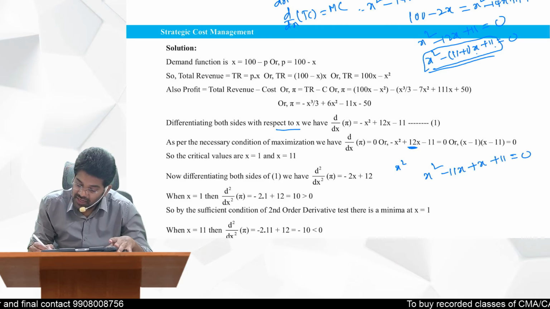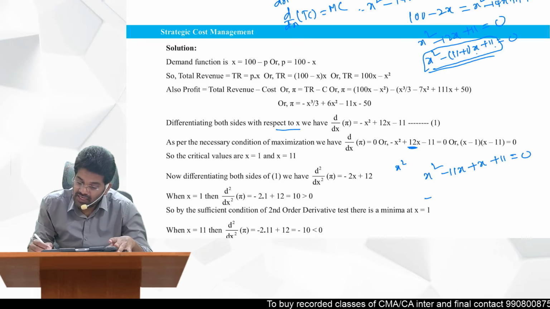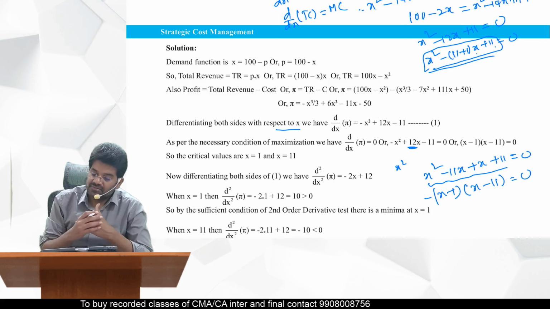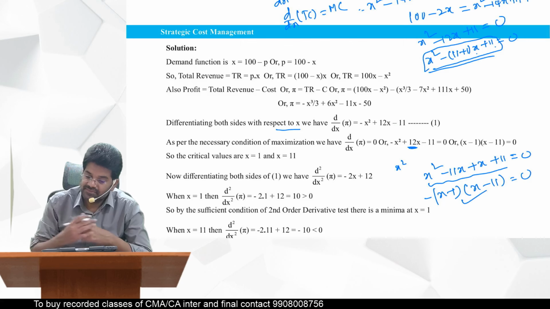So if I take x common here, can I write like this: x minus 1 into x minus 11 is equal to 0. This can be written like this.